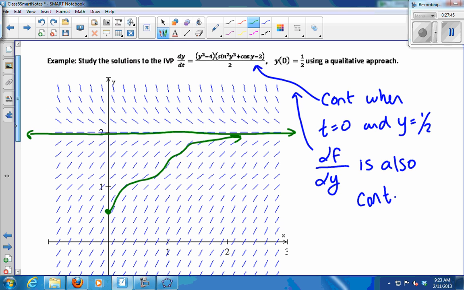We've already looked at things qualitatively and said, oh, that looks like an equilibrium solution, we must approach it, right? So we were assuming uniqueness when we did that. Now we know we have uniqueness.